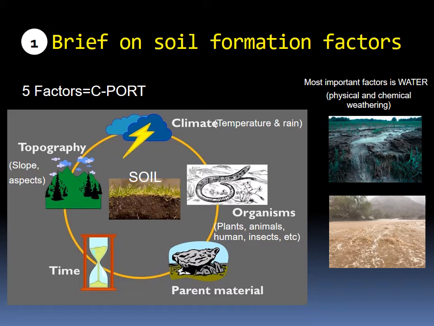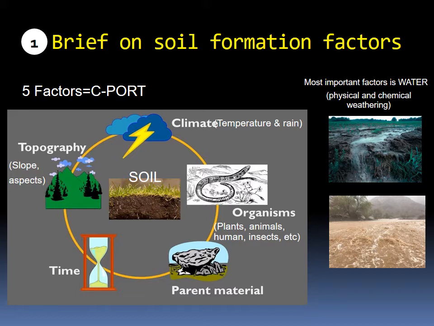So if we look at each one of these, if we start with climate, it includes the temperature that really affects the biological and the chemical weathering processes, and the water, the rain, which is also a very important factor for the weathering process.